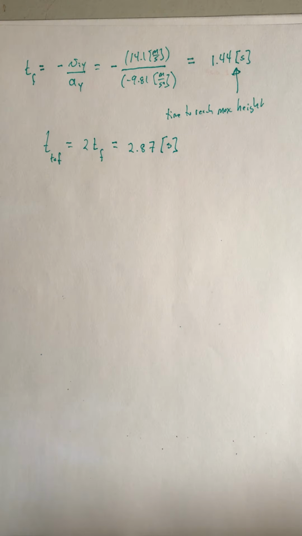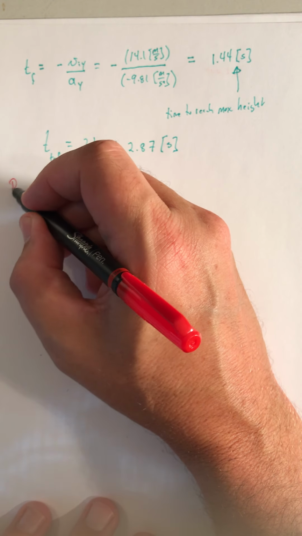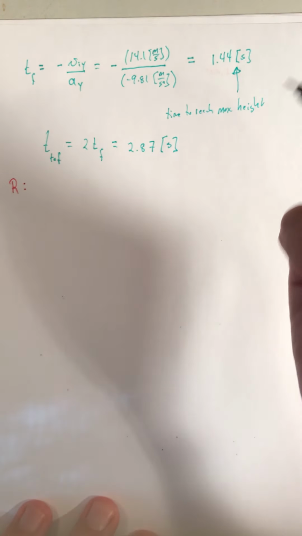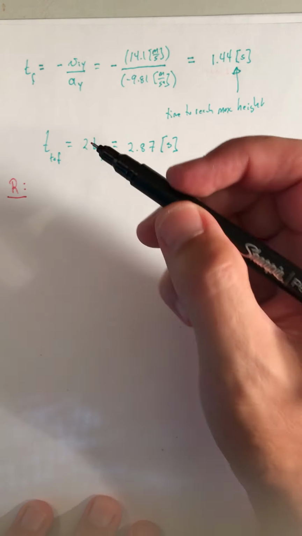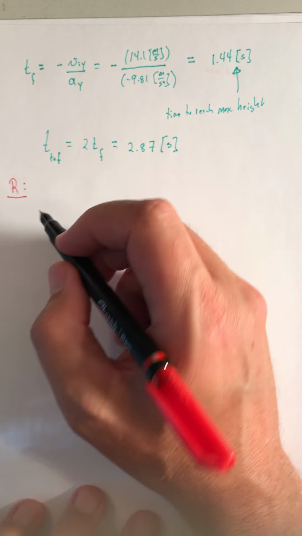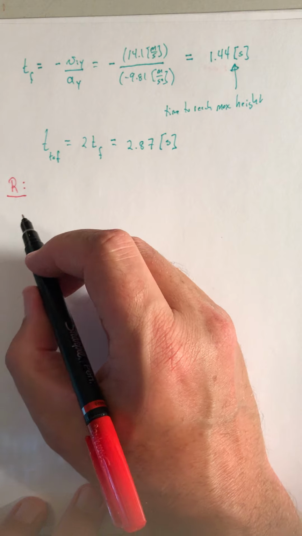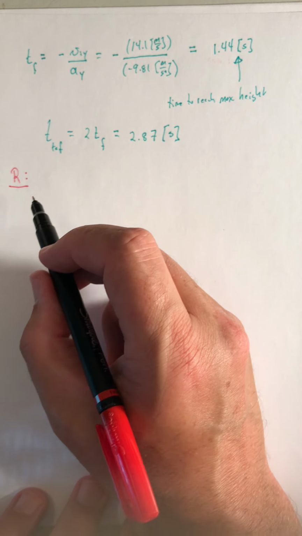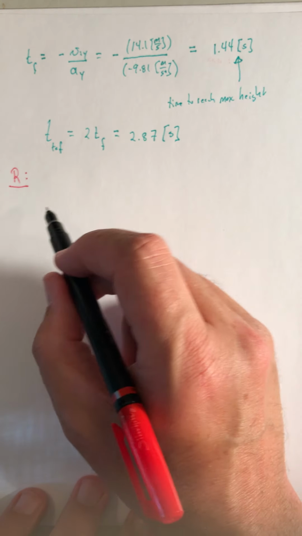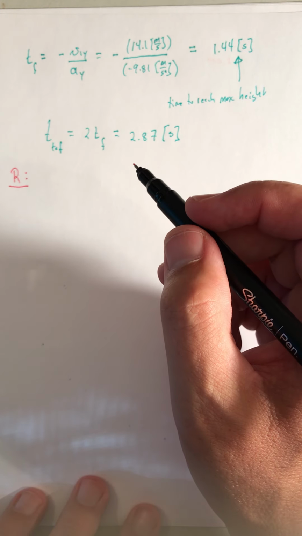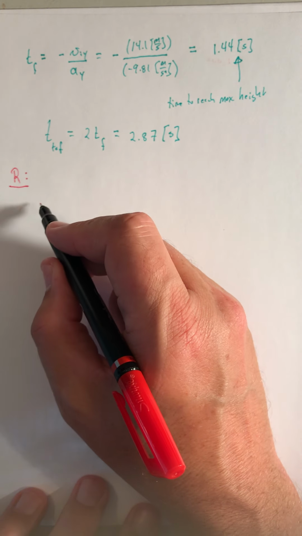All right. The last thing we want to solve is what's the range. So how far does the football go downfield? For that, use a handy little equation. There's no acceleration along the x direction.